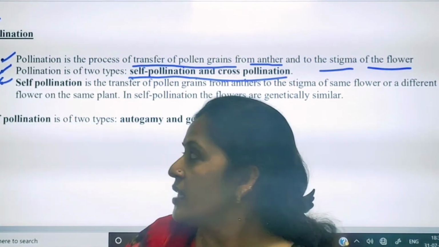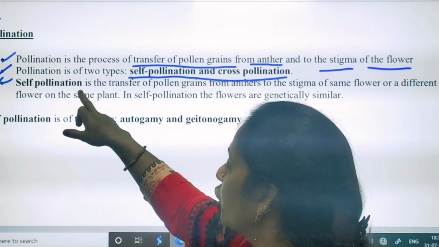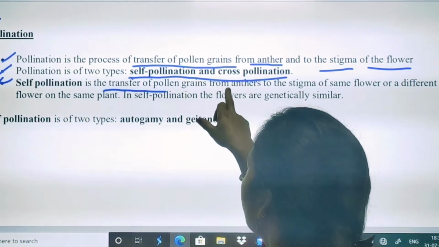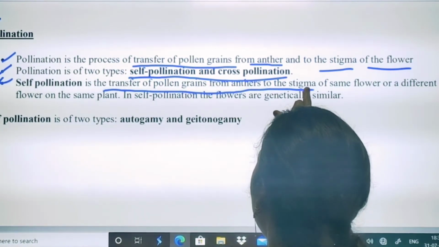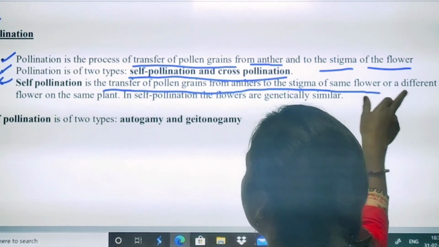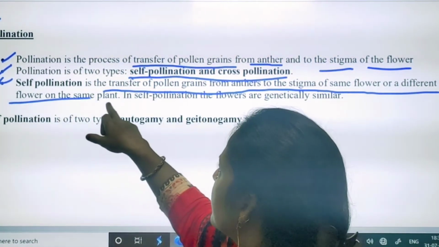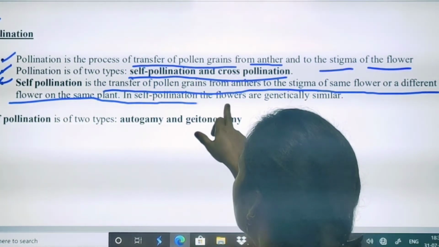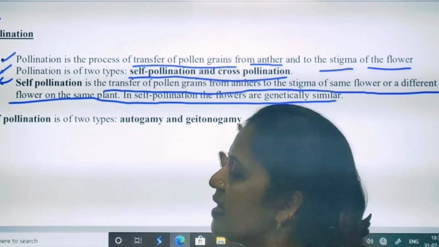Let us start with self-pollination. What do you mean by self-pollination? Self-pollination is the transfer of pollen grains from anther to the stigma of the same flower or a different flower on the same plant. In self-pollination, the flowers are genetically similar.